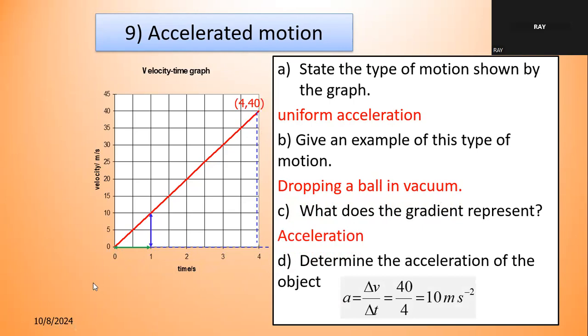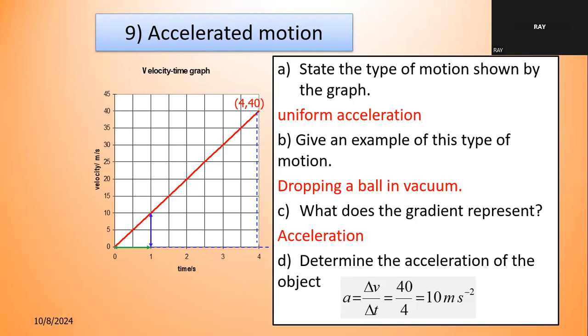By the way, what does the area under the graph represent? We will go into that in a while. Okay, so it's 10 meters per second squared.